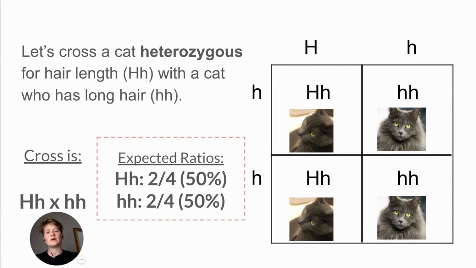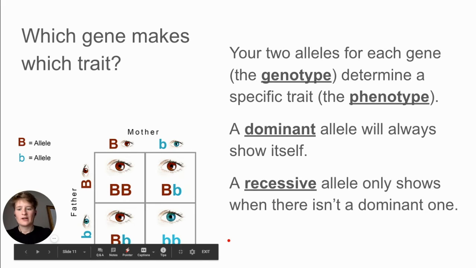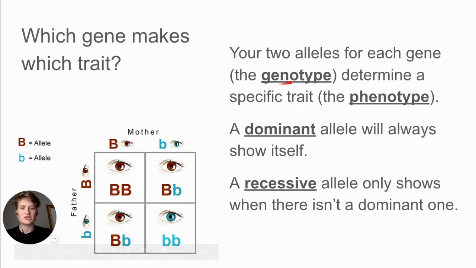So Punnett squares tell you the probability or the percent chance of having certain offspring. So again, your two alleles are your genotype. Those are the letters that go along with your traits. Your genotype determines your phenotype. The phenotype is what you actually look like.